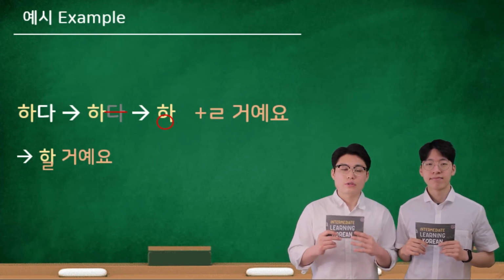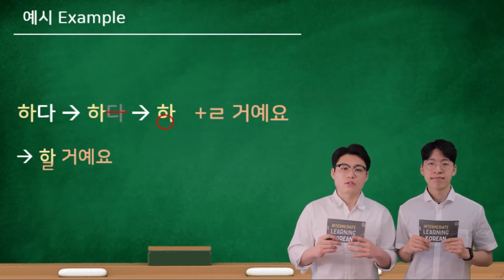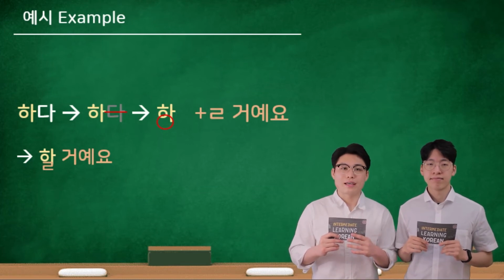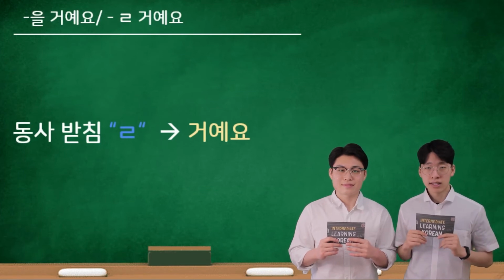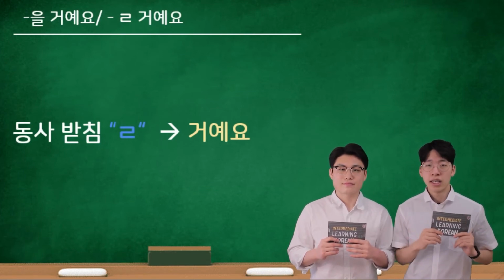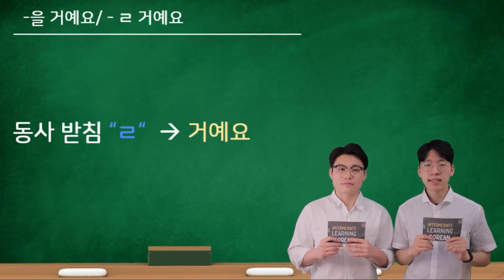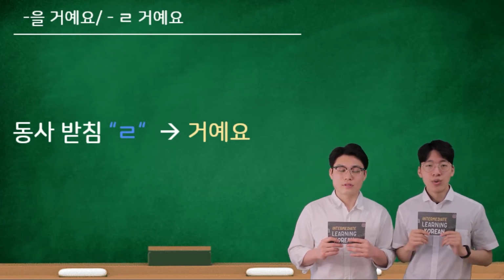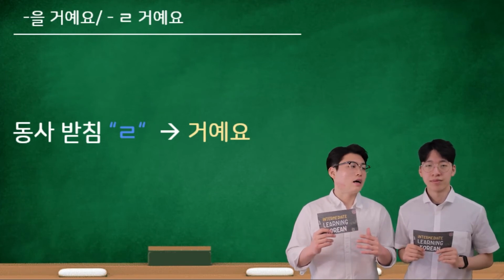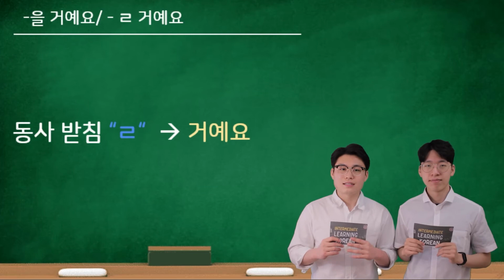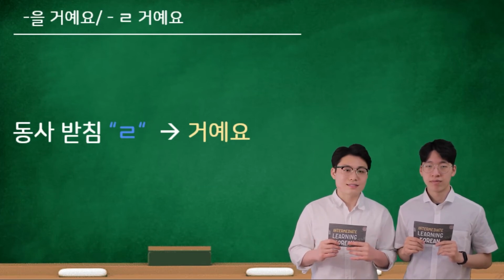Then we use ㄹ 거예요 after, so it becomes 할 거예요. Yes, but there is one exception. If the final consonant in the verb stem is ㄹ, we have to use 거예요 only. That's right. Then, shall we read more through example sentences?